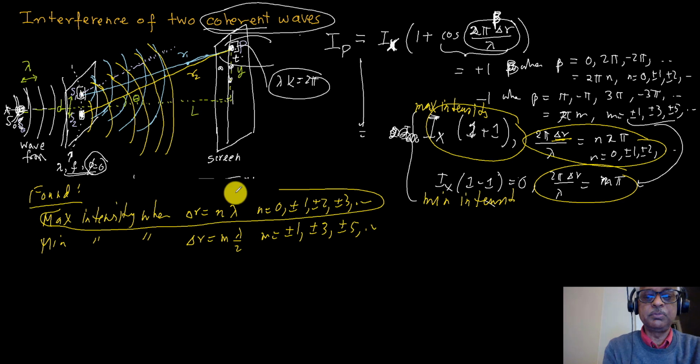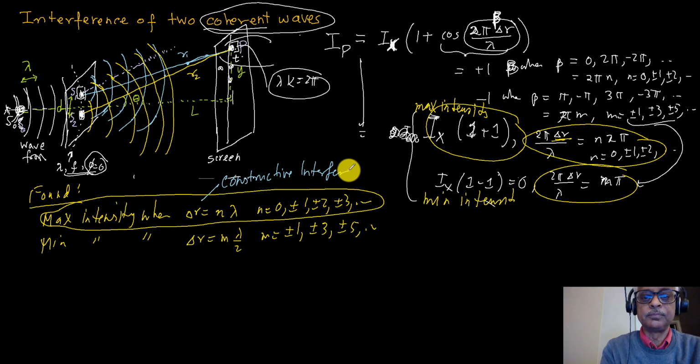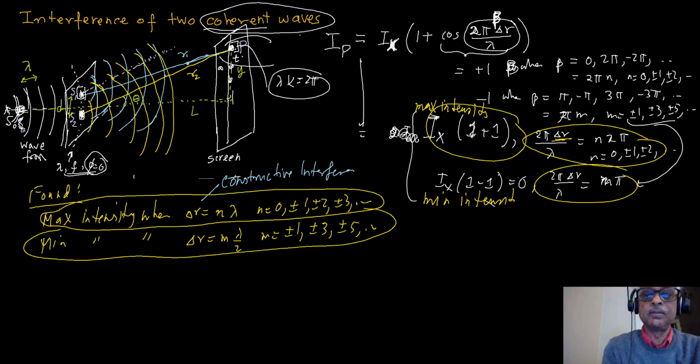So this will be called constructive. There will be constructive interference. And these will be called destructive interference.